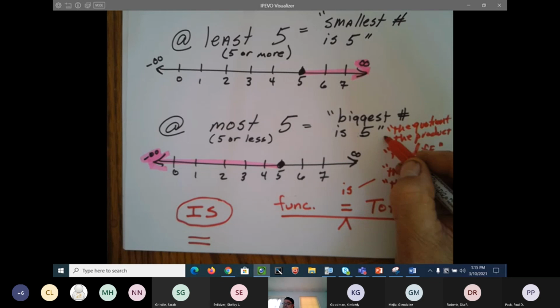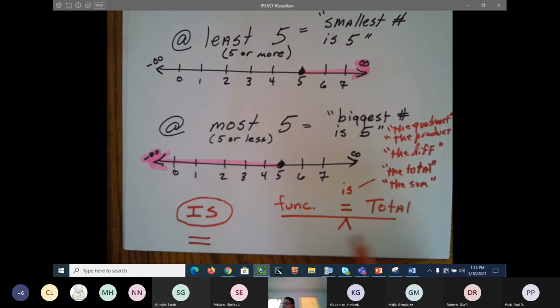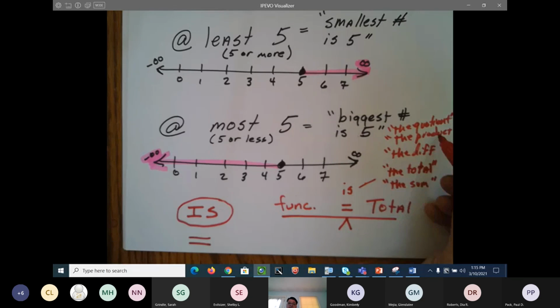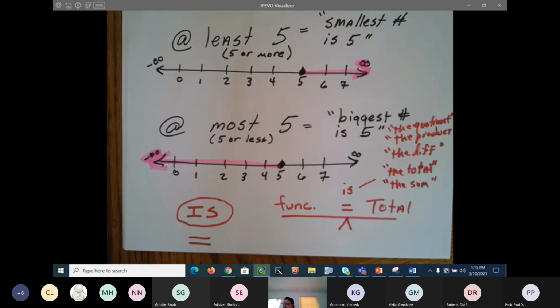All of those will say, blah, blah, blah is the total. Blah, blah, blah is the sum. Blah, blah, blah is the difference. Blah, blah, blah is the product. And that is what it will say. These are just some things that will help continue you with the word problems.